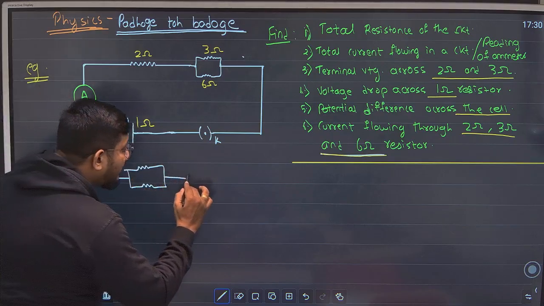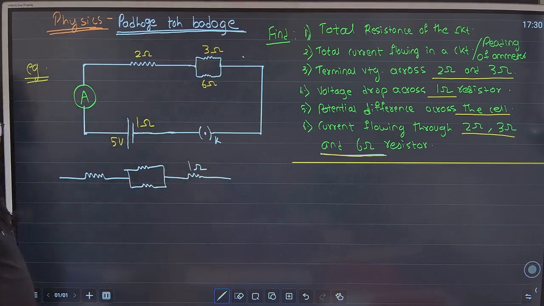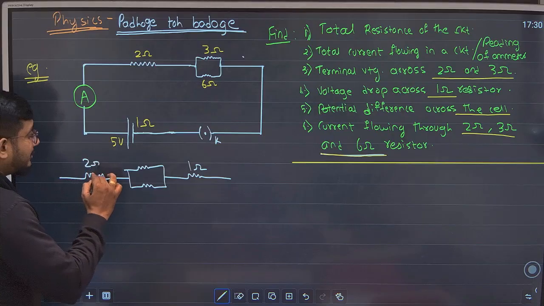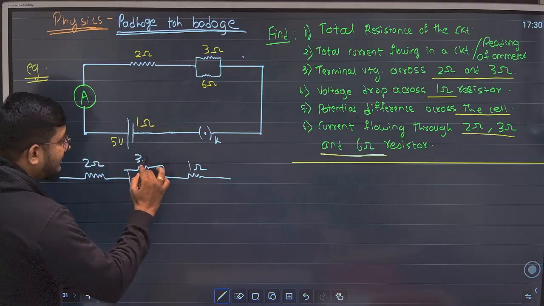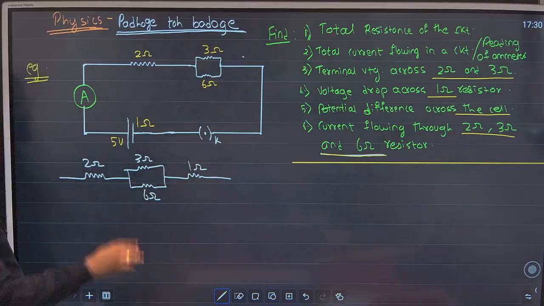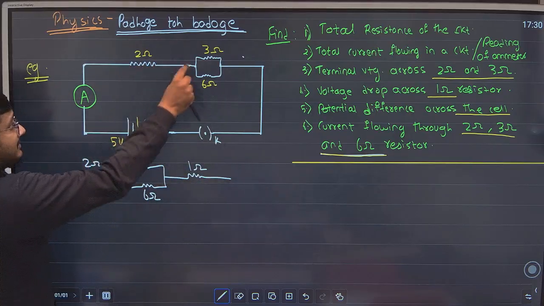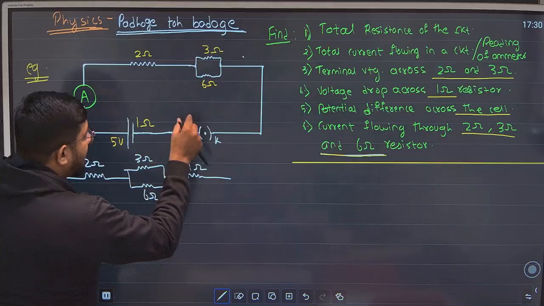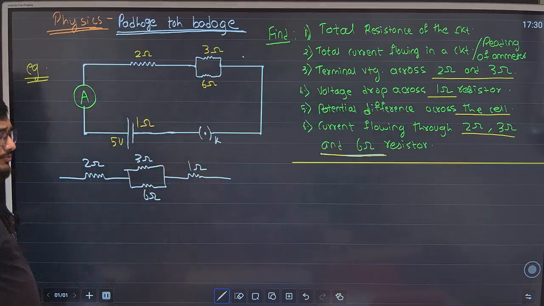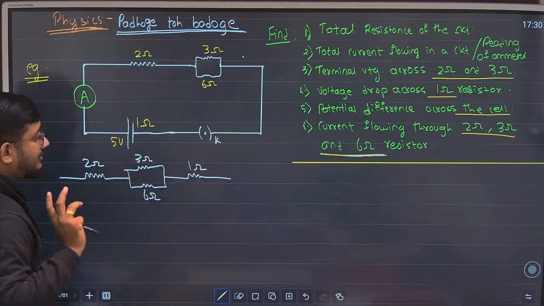There is also one more resistor over here, that is 1 ohm, the internal resistance. So to simplify, I will remove the battery and key, everything, and just make a simplified circuit like this. So this becomes 2 ohm, 3 ohm, 6 ohm, and internal resistance 1 ohm. Usually it becomes easy. So how to solve this? We have to find the total resistance of the circuit.